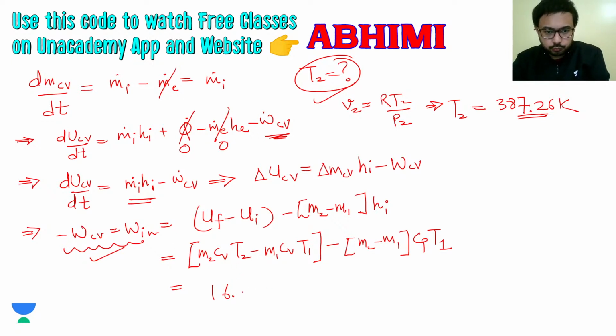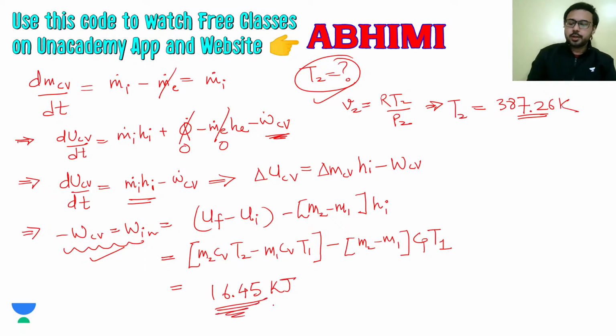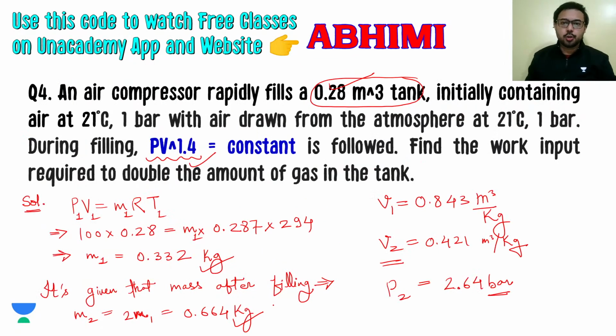So this will be 116.45, calculated by me in kilojoules. So this will be the final work input that is to be found in this question.